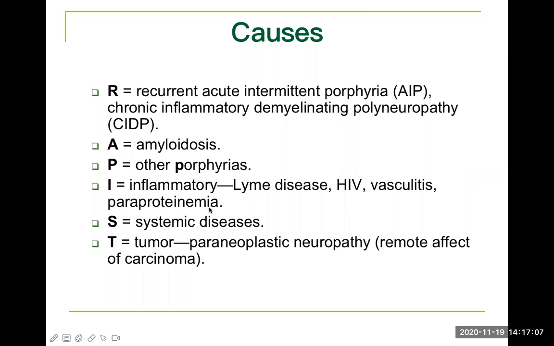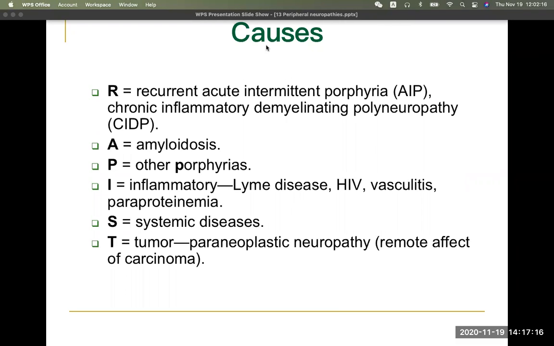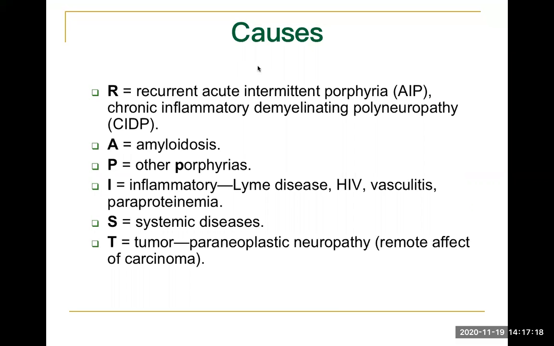Then paraproteinemia. Give me one example of this. In which disease is it seen? Anybody know? Liver disease. Okay, see here. This paraprotein is an abnormal type of protein, and one of the common examples we have to think of here is multiple myeloma.